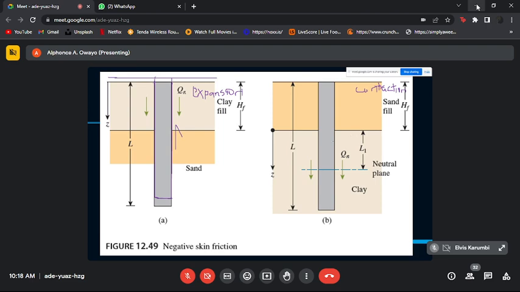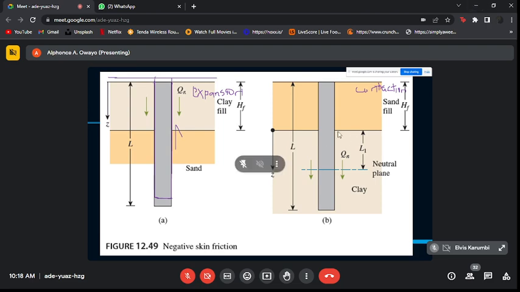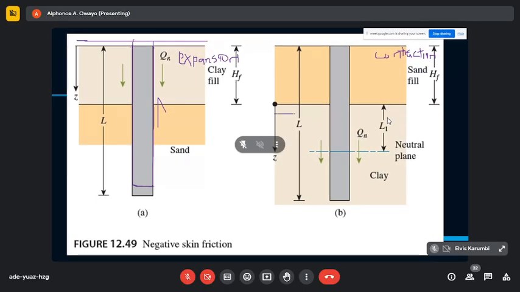So when it contracts, for example, this layer shortens to that point. So it means the pile will be dragged down with it. So we have excessive settlement equivalent to this due to negative skin friction.